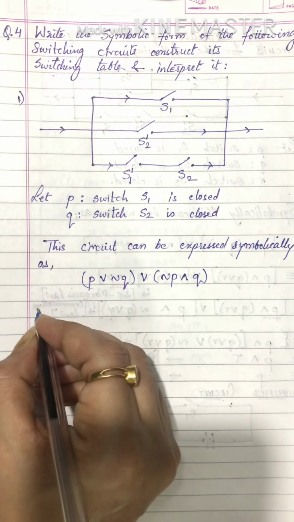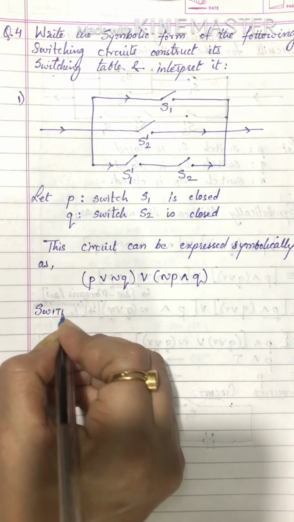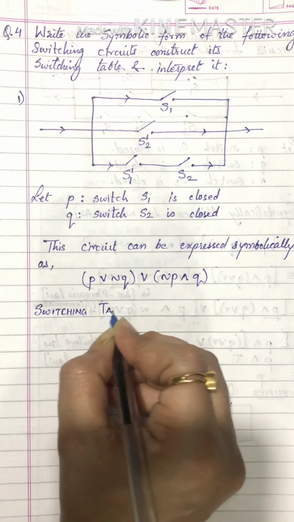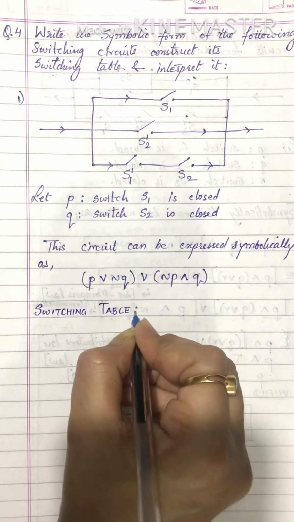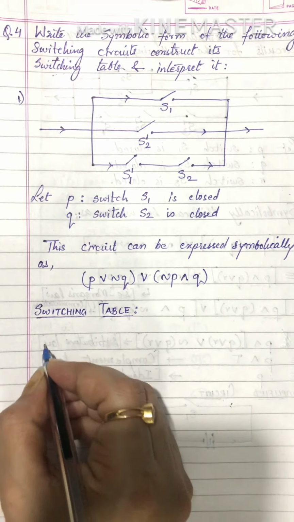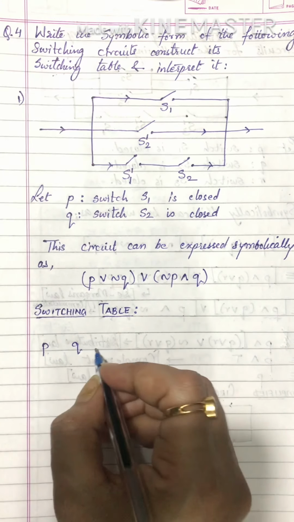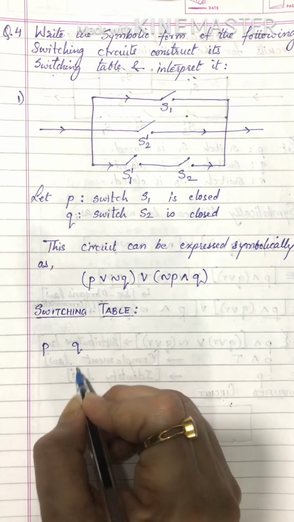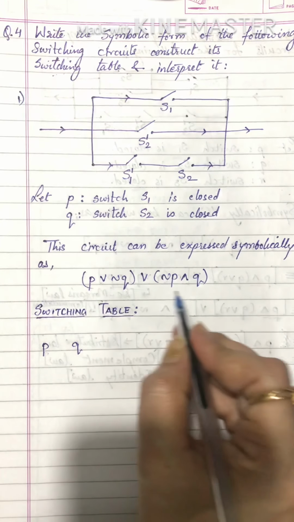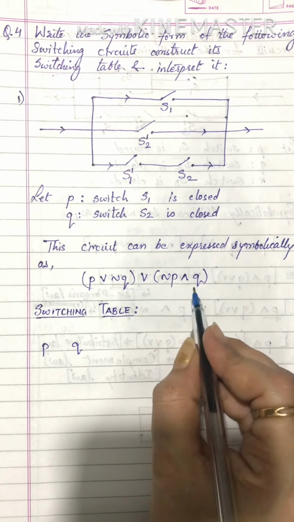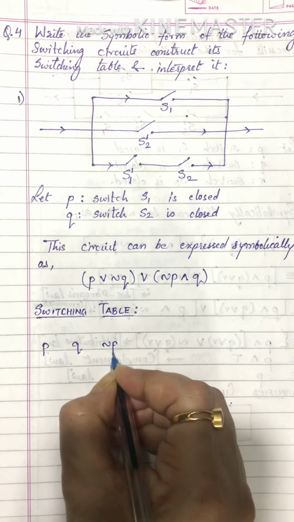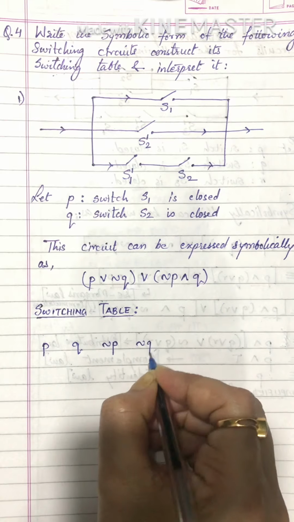So next we need to make the switching table. Earlier also I have explained the switching table. You should use binary digits 1 and 0 instead of true and false. I declare the first two columns as P, Q, and whenever in the statement pattern you have negation of any of the statements, quickly take that as your next column, so it becomes a little easier.